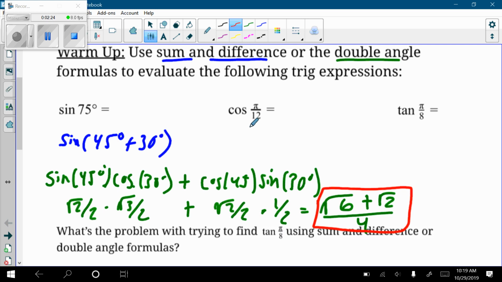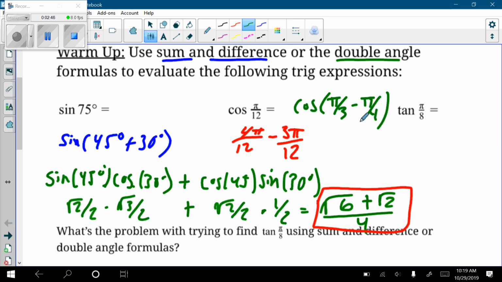If you're struggling to come up with that, think about it like, oh, well, 1 pi 12 is the same as 4 minus 3 pi 12. The reason I chose 4 and 3 is because when you simplify those fractions, 4 pi 12 is pi thirds. 3 pi 12 is pi fourths. And look, I wrote pi 12 as the difference between two angles on my unit circle. Go ahead and finish up this problem, pause the video, and then unpause to check your answer.